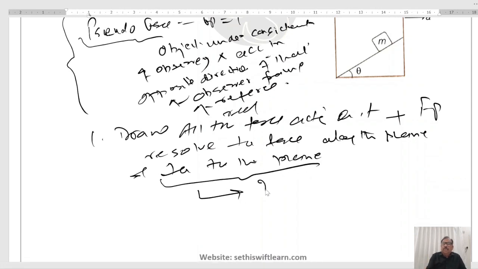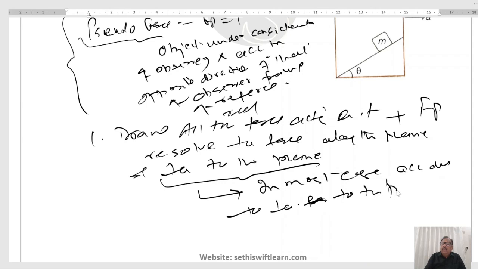In most cases, the forces perpendicular to the plane do not accelerate the body, right?